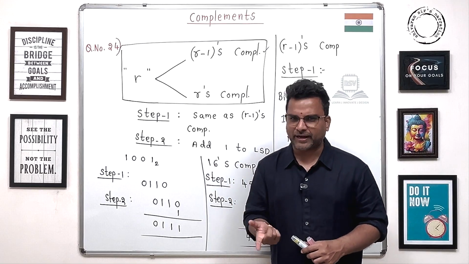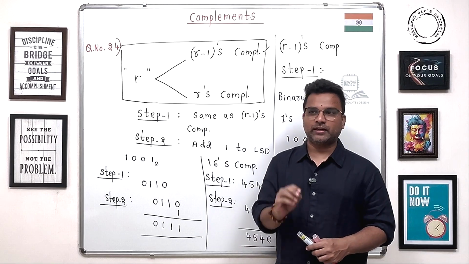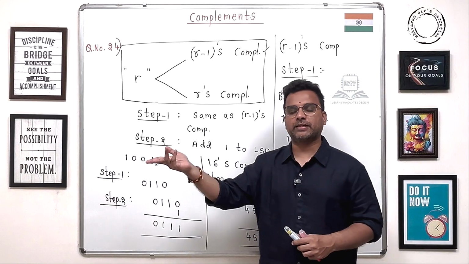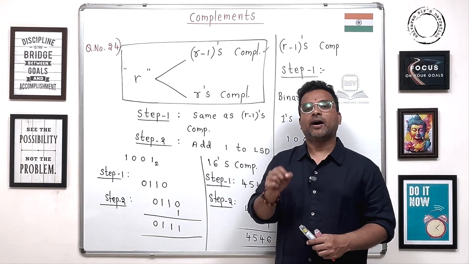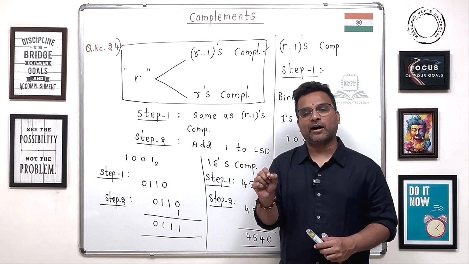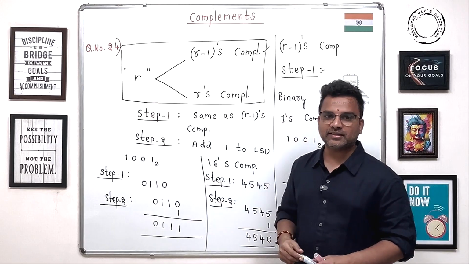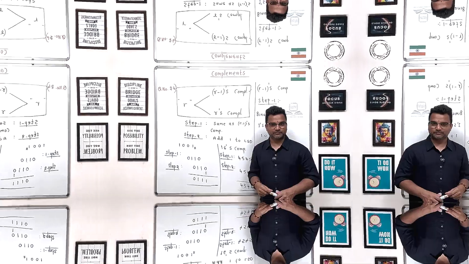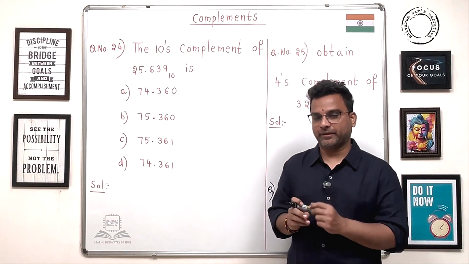For base 10, is 8's complement possible? No. For decimal, only 9's complement or 10's complement. Follow this procedure to calculate the R minus 1's complement and R's complement of a number system whose radix is R.